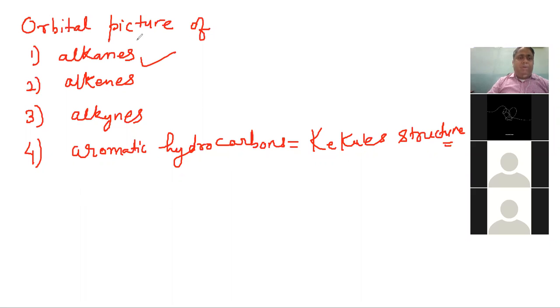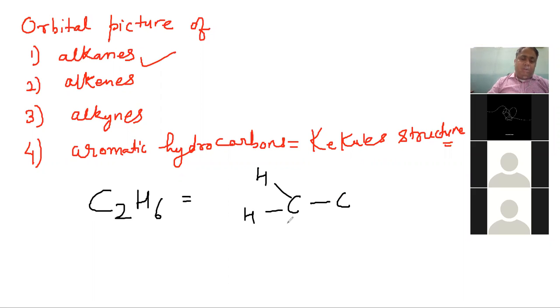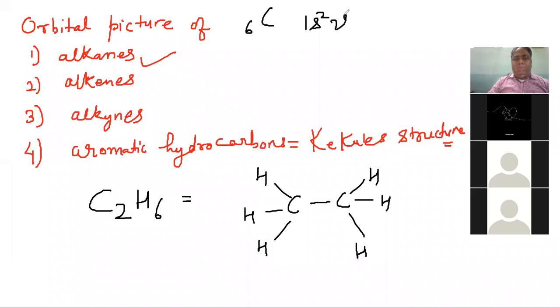Let us take the example of ethane, C2H6. It is nothing but carbon, carbon singly bonded with hydrogens. As we know, carbon has 6 electrons, such that 1s2, 2s2, and 2p2 is the configuration.